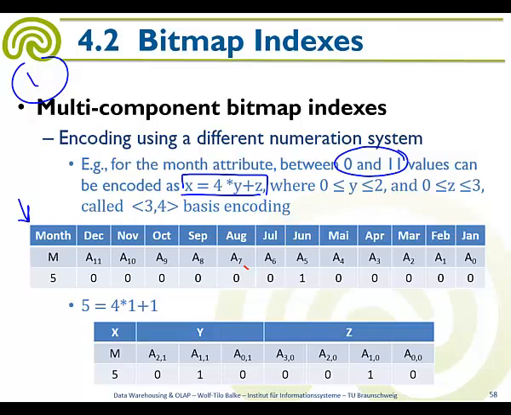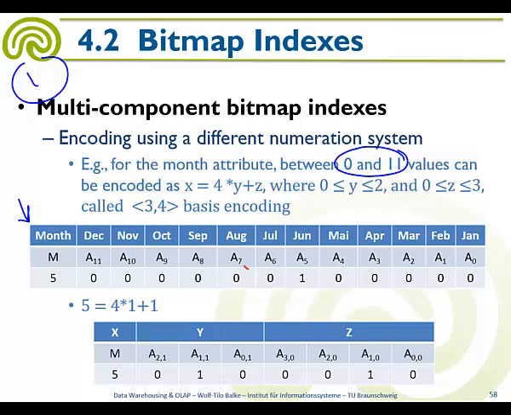So we divide the month into two components with a function, and we say we can reproduce that number by using such a formula. So month December, for instance, would be 4 multiplied by 3 plus 4. You get a 12.